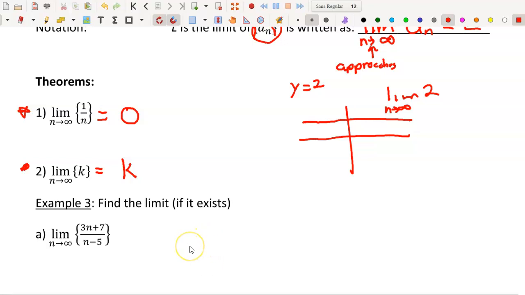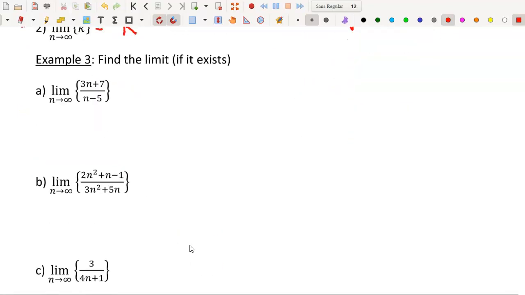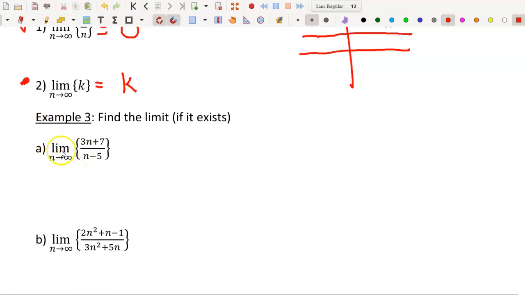Let's start the first one, but all we're going to do is just practice now incorporating this new lingo in our problems. When we're doing them, we're going to say, let's take the limit as n approaches infinity and do the same thing we did above here. So I'm going to rewrite this.